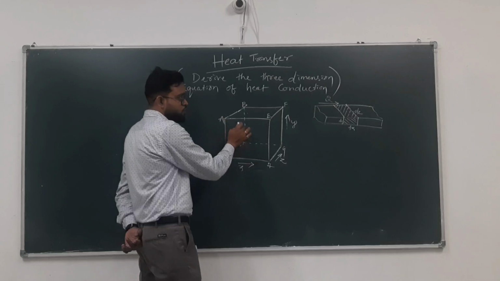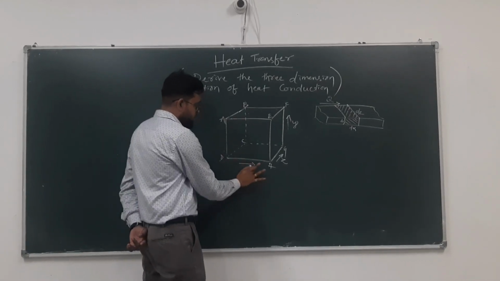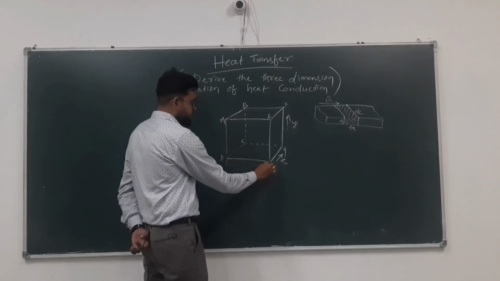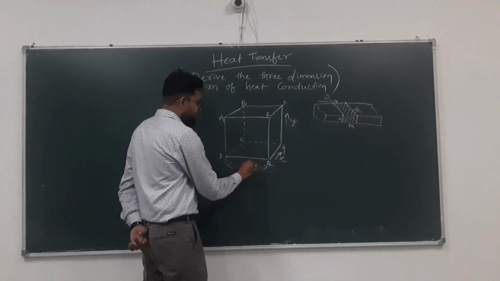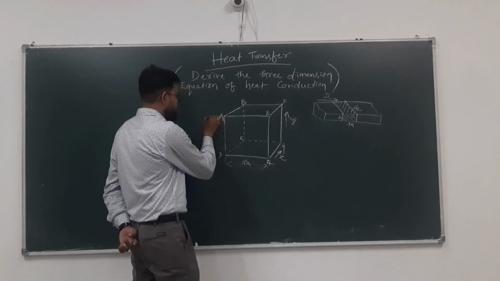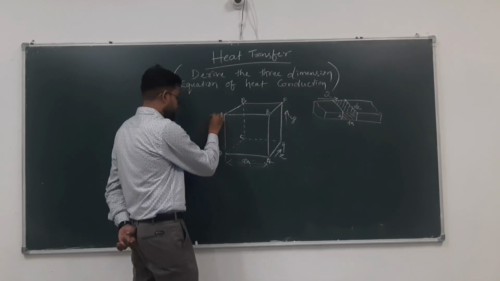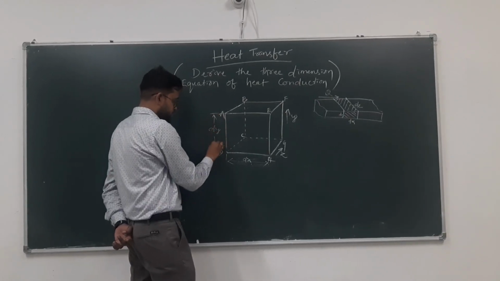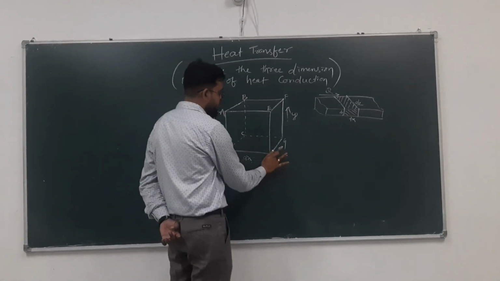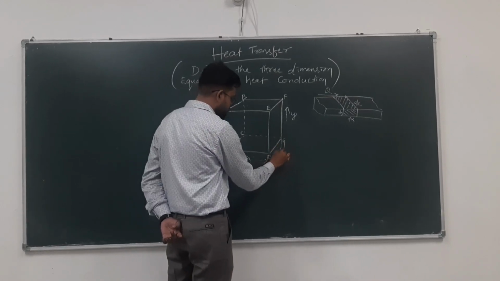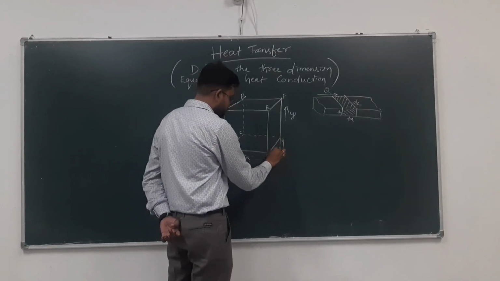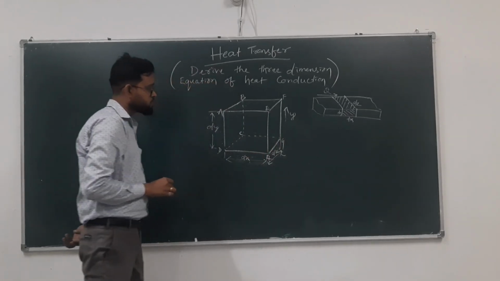So in this cube, the widths are dx, dy and dz.